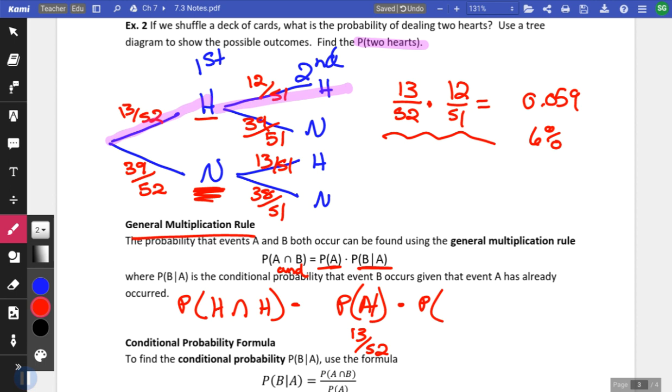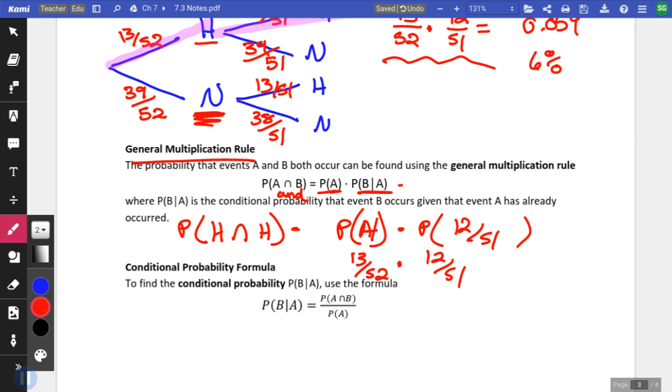The probability of getting a heart, given we've already gotten a heart, so this is the second round, was 12 out of 51. Because we'd already drawn one heart, we'd already drawn one card. So then we multiply those, and that's exactly what we did up above. So it does work. The trick is this second round, the second branch, is a conditional probability.